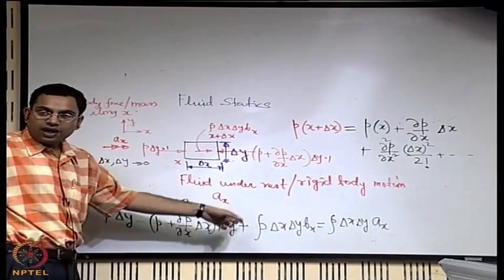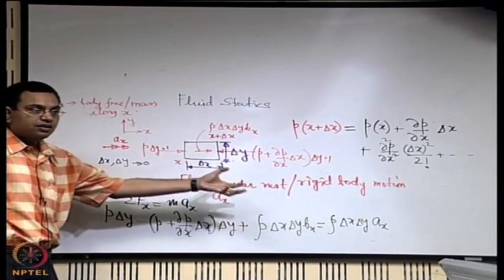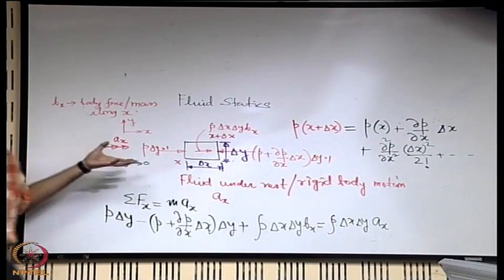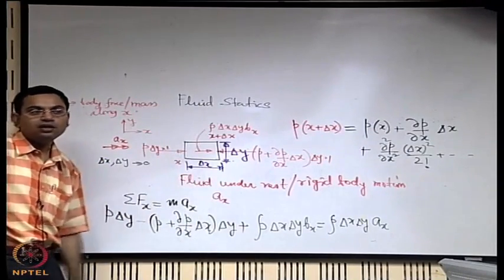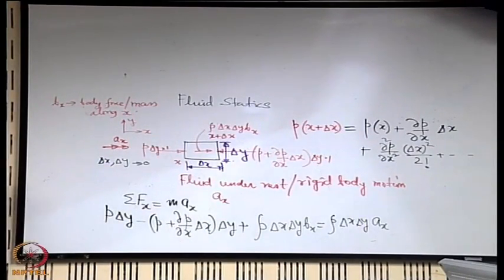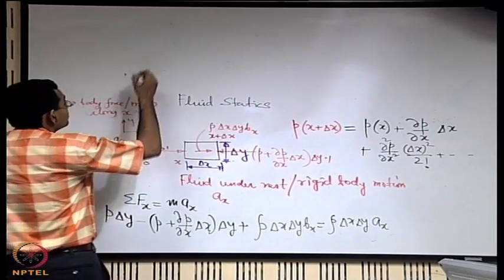Delta x into delta y will get cancelled from both sides. These are small but not equal to 0, these are tending to 0, so you can cancel from both sides. At the end, what final expression you will get?